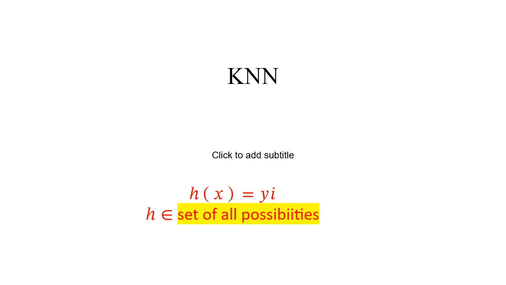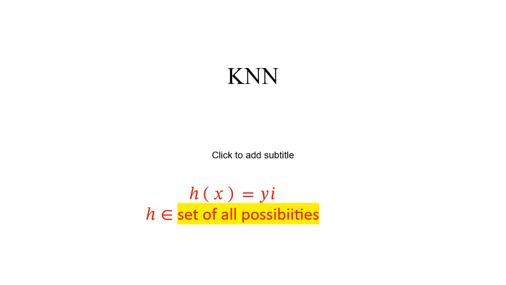Hello guys, today we are going to talk about one of the most important and easiest algorithms, that is KNN, or K nearest neighbors. What this algorithm does is it divides the dataset into various parts, and as soon as new data comes, it tries to find the minimum distance to its neighbors and tells which category it is in.